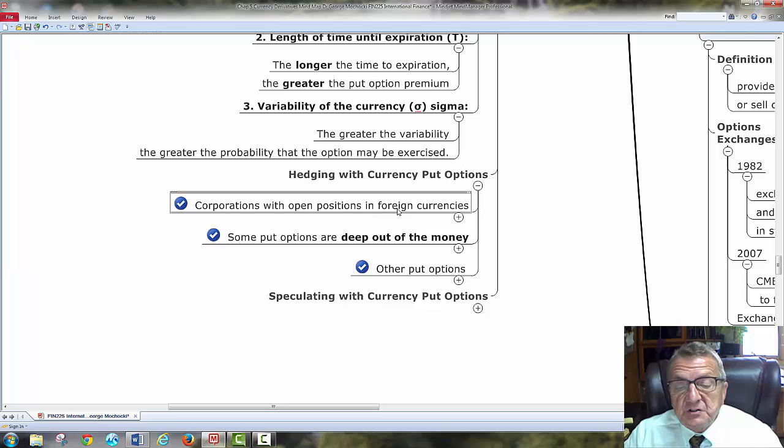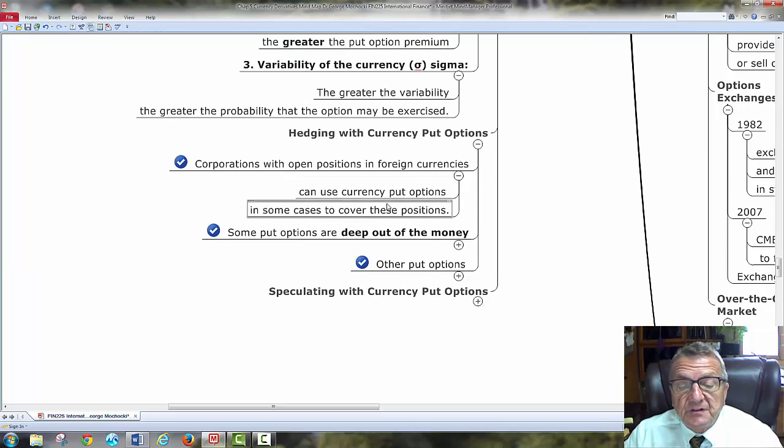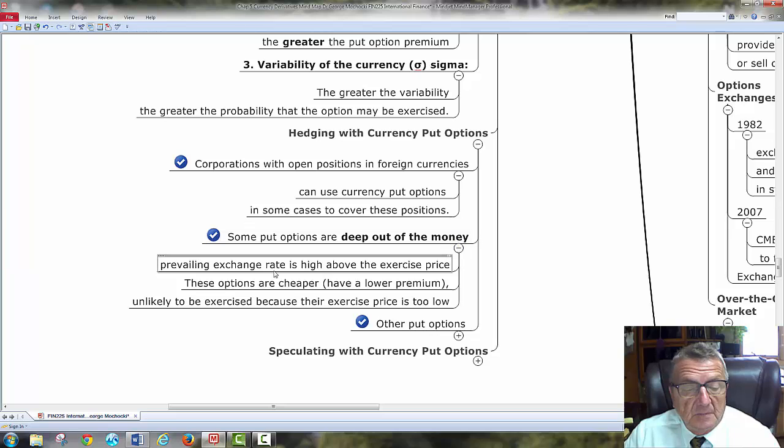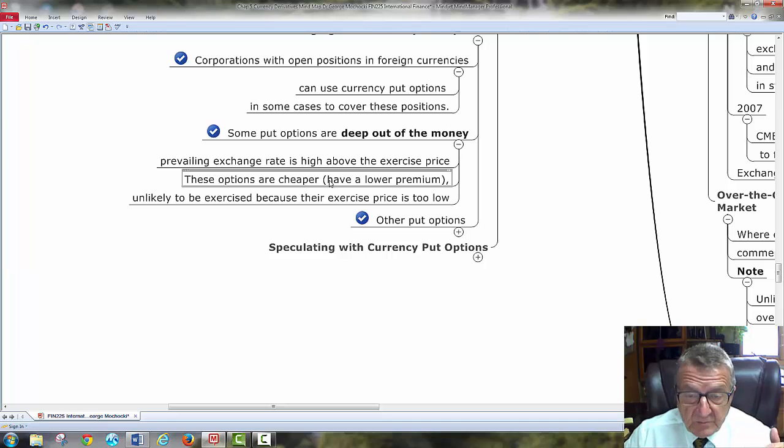Hedging with currency put options. Corporations with open positions in foreign markets can use currency put options in some cases to cover these positions. Some put options are deep out of the money, where the prevailing exchange rate is high above the exercise price. These options are cheaper and have a lower premium, and are unlikely to be exercised because the exercise price is too low.